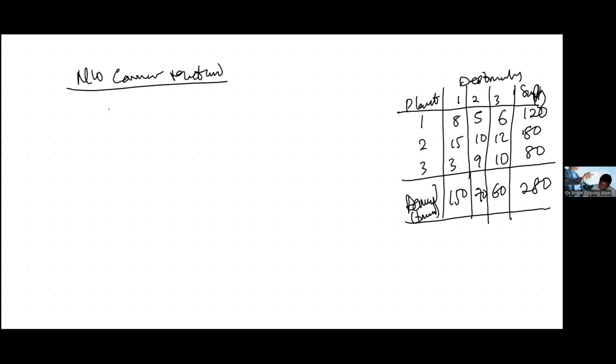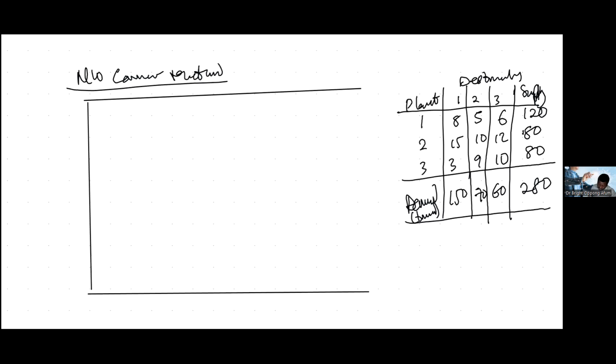So this is what you do. You draw this. I'm sure by now you are used to drawing the simplex tableau, and you will also be used to this surely.